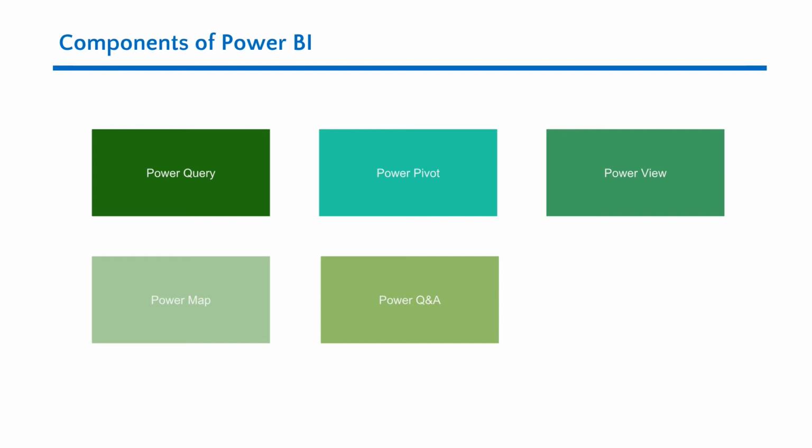So how it works is, I as a user will go and ask some question. The Power Q&A will work with the data model, and it will work with the Power View to automatically pop up a data visualization, and that visualization is the answer to the question that I have asked. Now that's awesome, right? I need not go and select all this. I just need to ask.